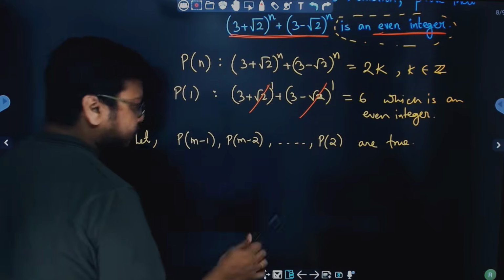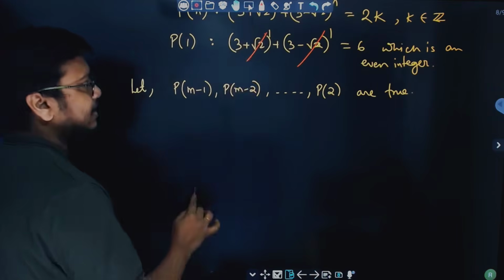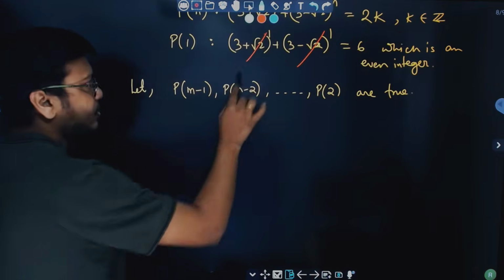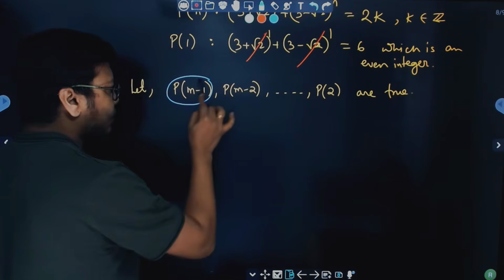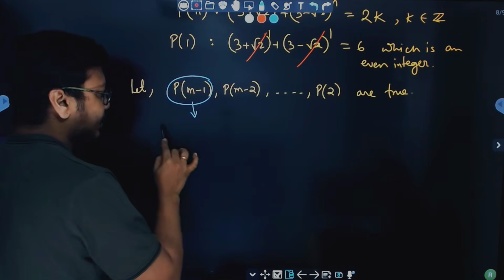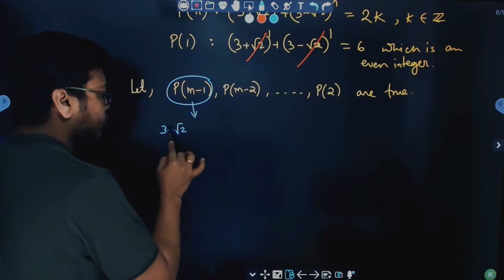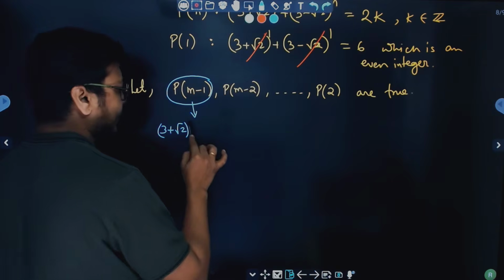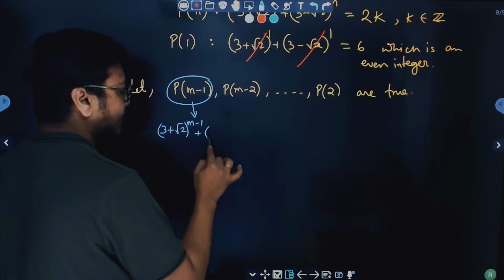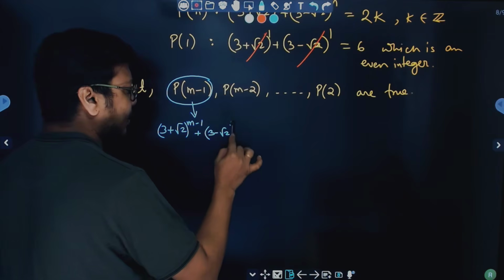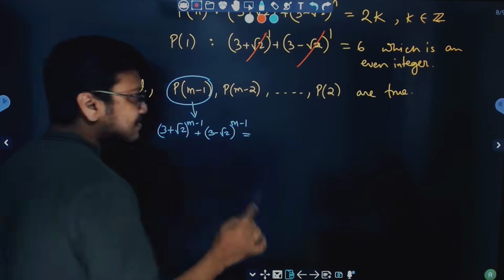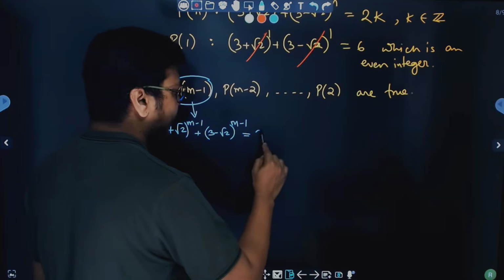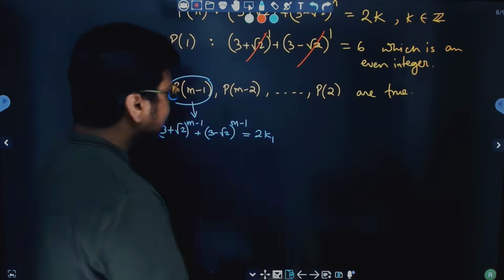Alright, now for your reference, I will write what these actually mean. The m minus 1 statement would mean that (3 plus root 2) to the power m minus 1 plus (3 minus root 2) to the power m minus 1 is an even integer, let's say 2 times k1.